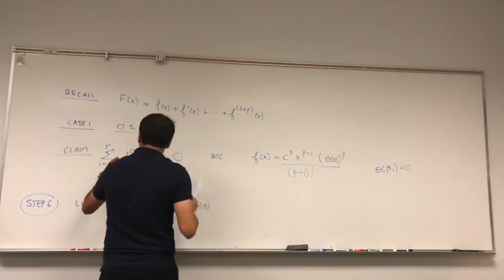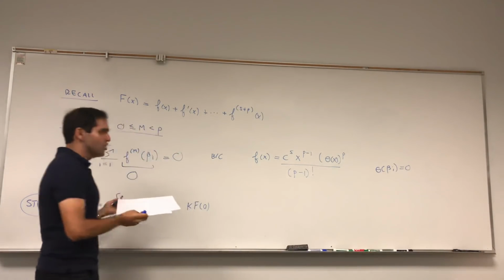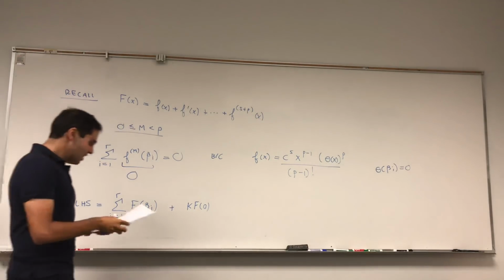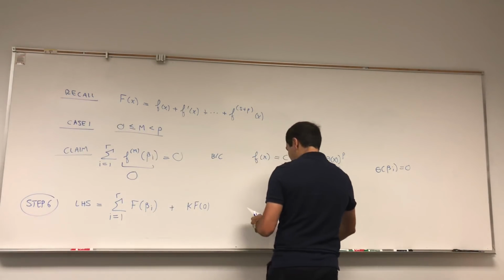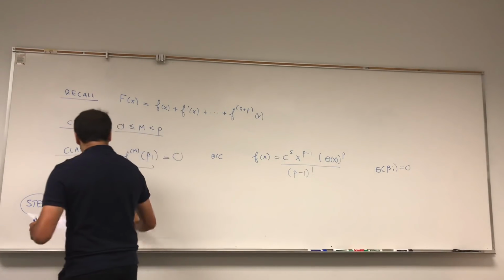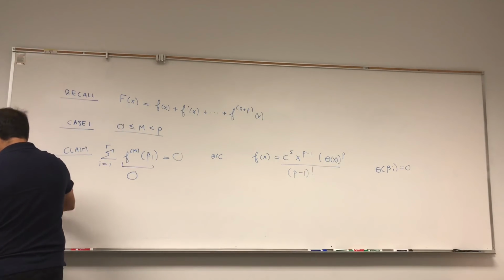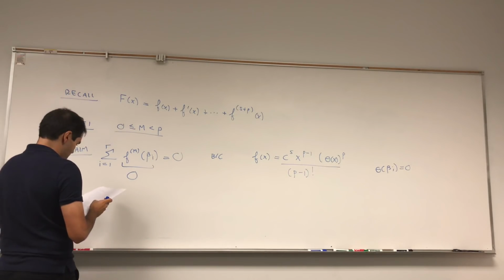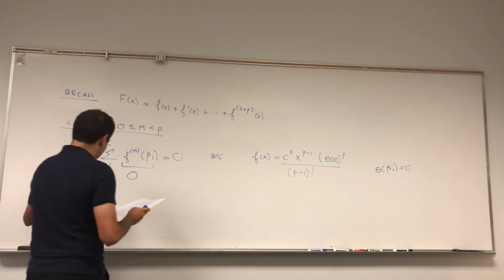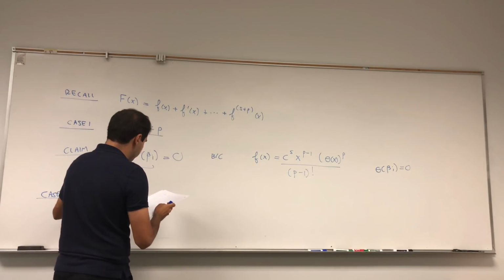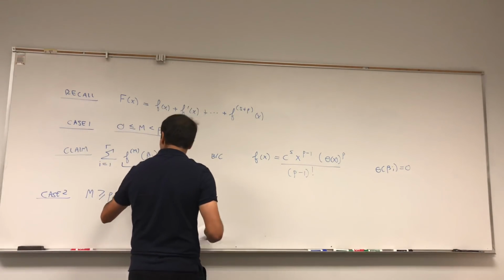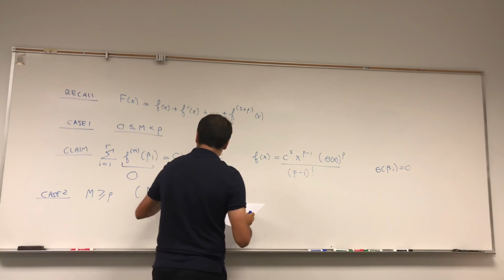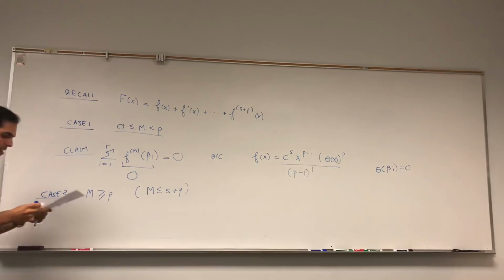So, because each term then becomes 0, the whole sum is 0. So that's good. That's if you take a few derivatives. Now let's see what happens when you take more derivatives. So case 2. So m greater or equal to p. So a huge number of derivatives. But remember, we're also taking less than s plus p derivatives.